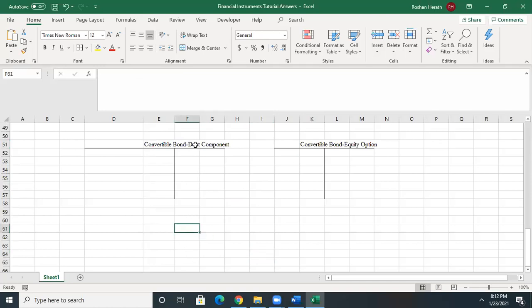Your starting point is going to be the bond or the debt component. What I have asked you to do is forecast the cash flows throughout the period.